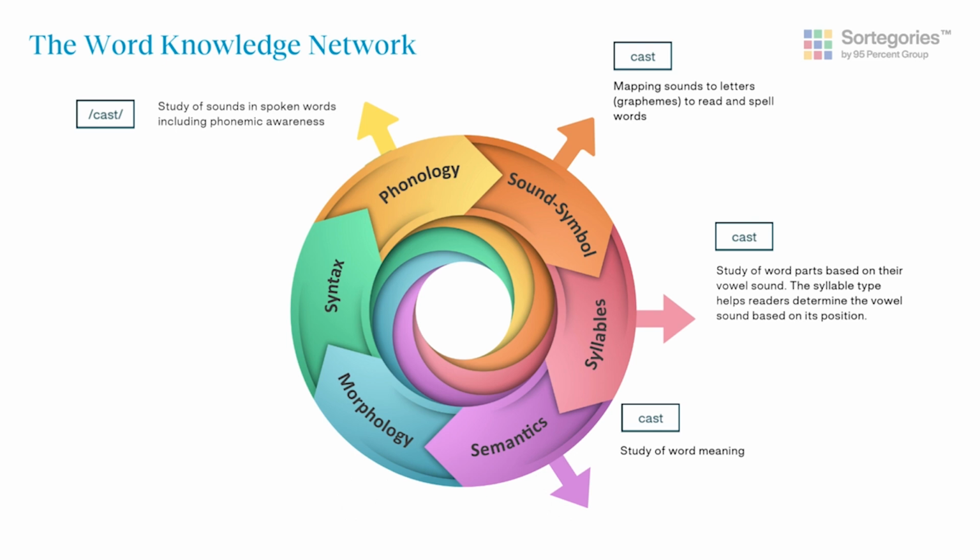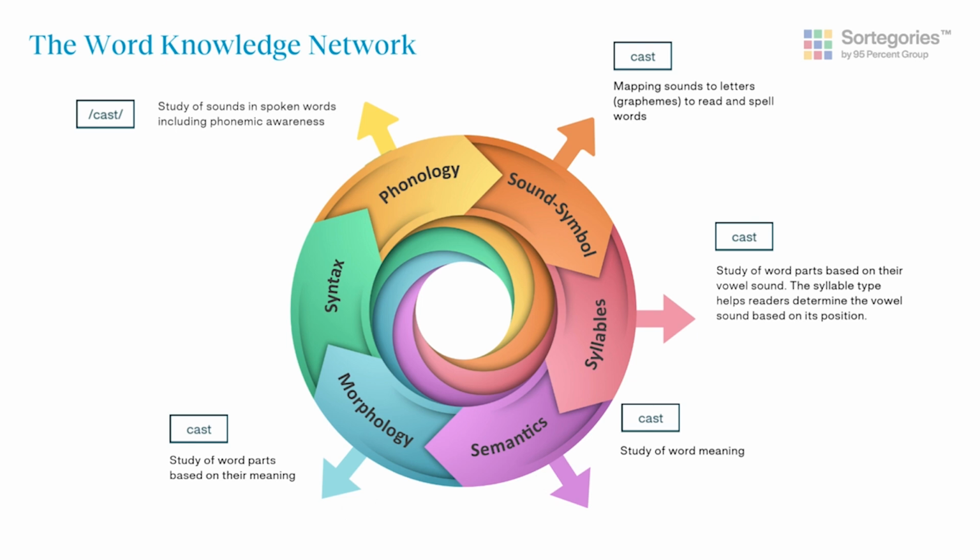Next on our path around the word knowledge network is morphology. And morphology has to do with how we can impact the meaning of the word, in this case, a base word like cast, by adding prefixes or suffixes that can alter its meaning or change its meaning. So, for example, I could add ing to cast for casting, and that becomes an action that I'm doing right now.